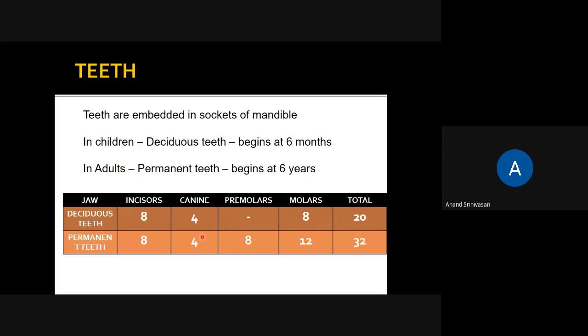Whereas in adults, it's the same except for four premolars on each jaw, which add up, and there is one more set of molars. So there are three molars on the upper jaw and three on the lower jaw on each side, so six molars on the upper jaw and six on the lower jaw, totally 12. If you add, there will be 32 teeth for adults.